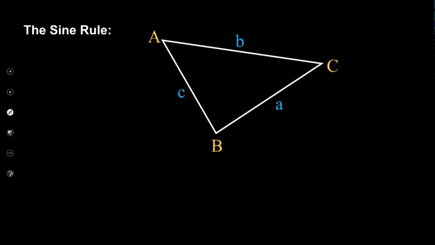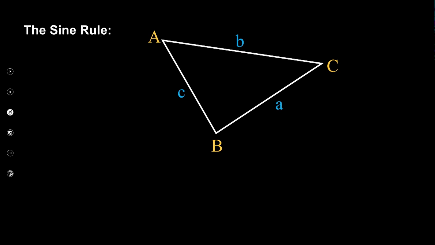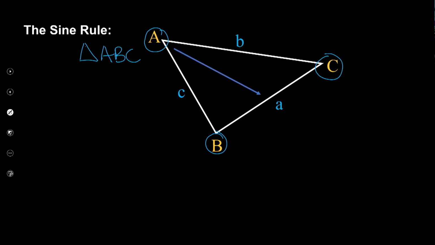Before we begin, we need to revise some of the conventions of labeling a triangle. So let's go back to the board. If you recall, when we label triangles, each vertex, for example in this triangle, which we call triangle ABC, is labeled with a capital letter. So this vertex is A, B, and C, and that also represents the angle.